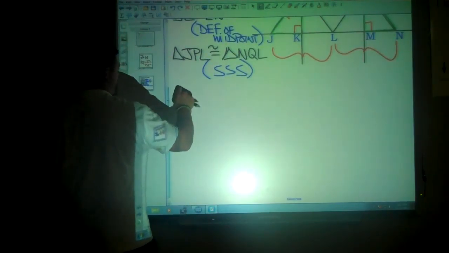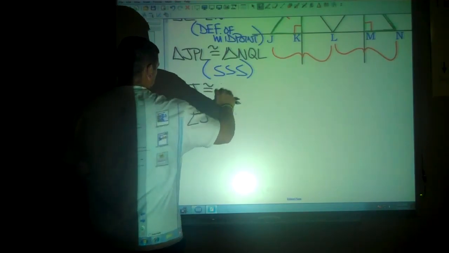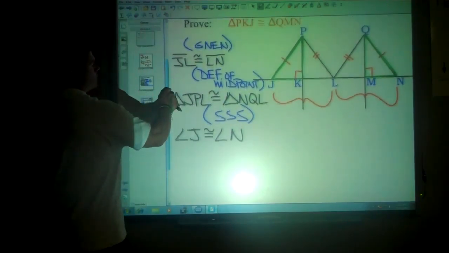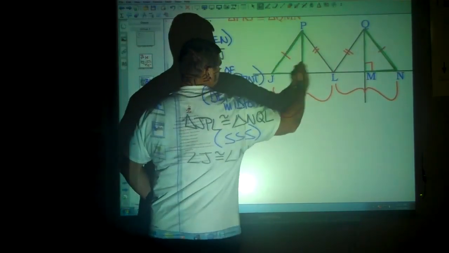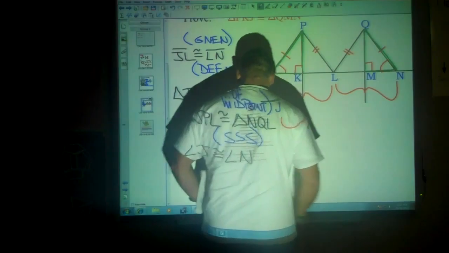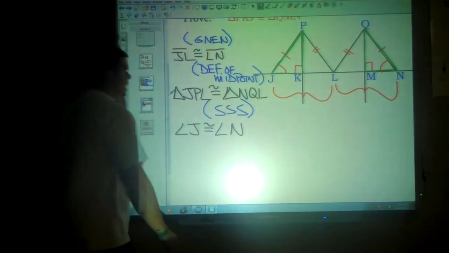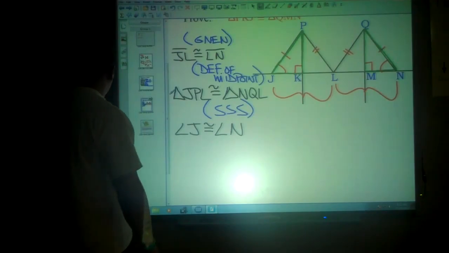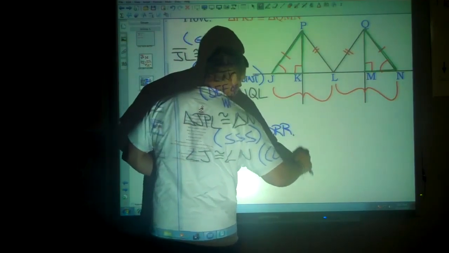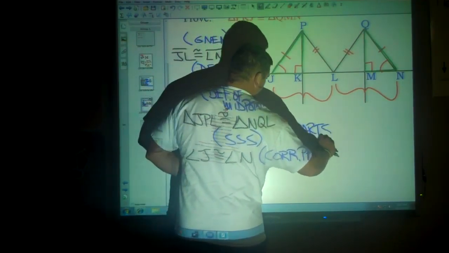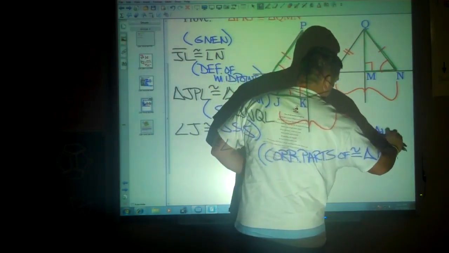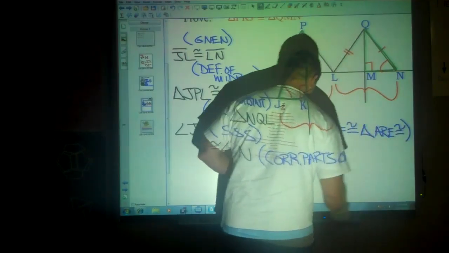So we'll go and we'll say angle J is congruent to angle N. Angle J, since it's a corresponding triangle to the other one, that means angle J corresponds to angle N. And our reasoning for that, remember we're dealing with corresponding triangles, so we would have corresponding parts of congruent triangles are congruent.